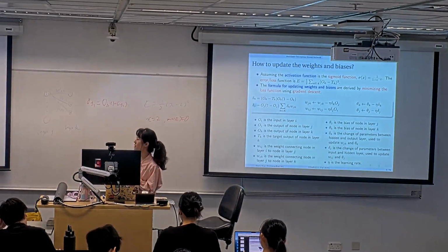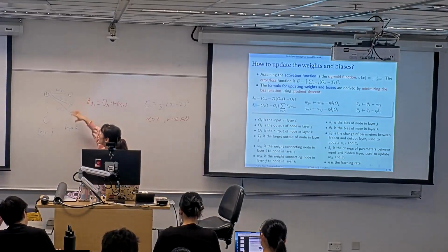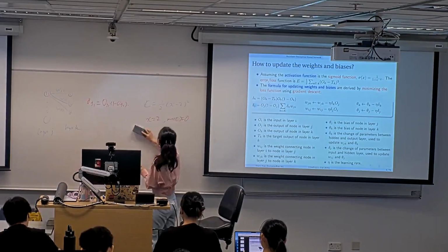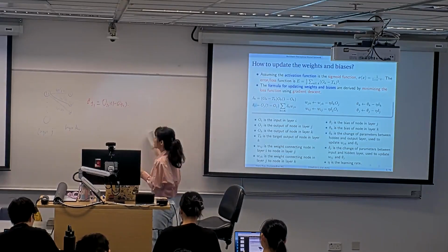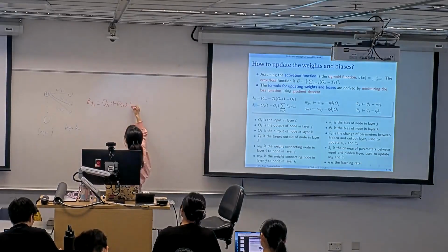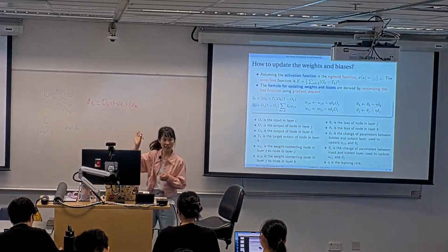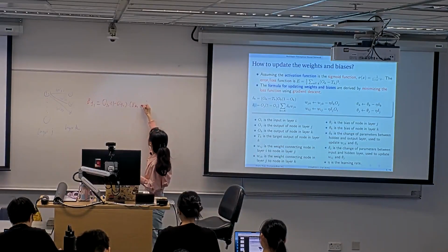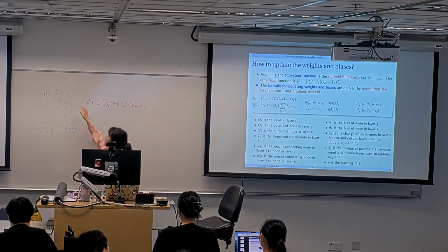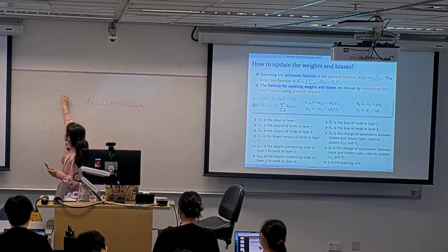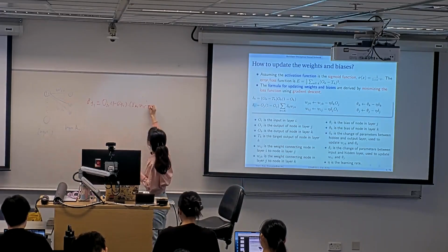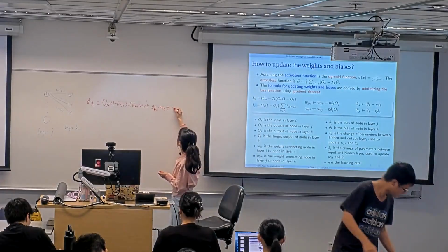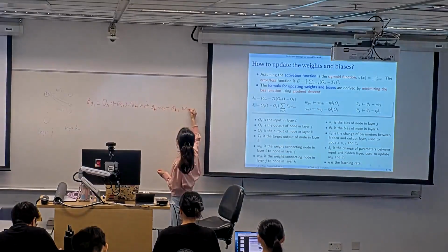The sum is over all the output neurons that are connected with J1. So the sum should be delta K1 times W11, because K1 is connected with J1 with this weight W11, plus delta K2 times W12, plus delta K3 times W13.